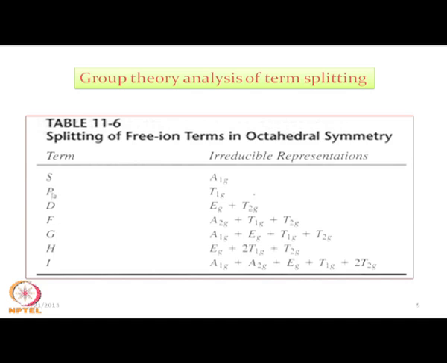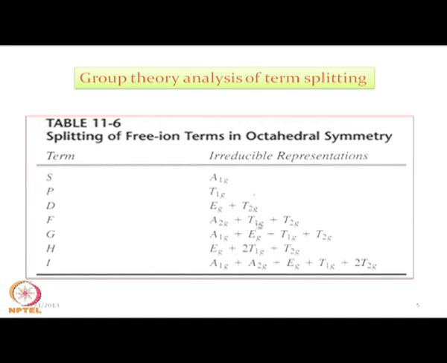Similarly, this P term, which is a triplet, will be termed in the crystal field as T1g. In some cases, if the ground state is an F term, after splitting the corresponding terms in the octahedral field will be A2g, T1g and T2g. If there is another excited P term, which we also get in the d2 electronic configuration, 3F is the ground state and the immediate excited state is 3P.